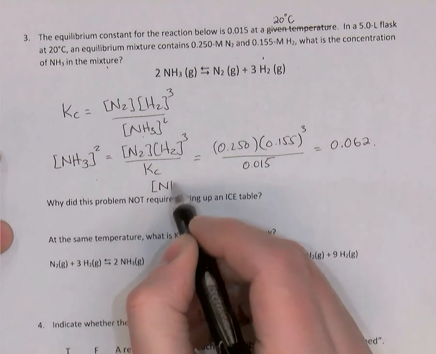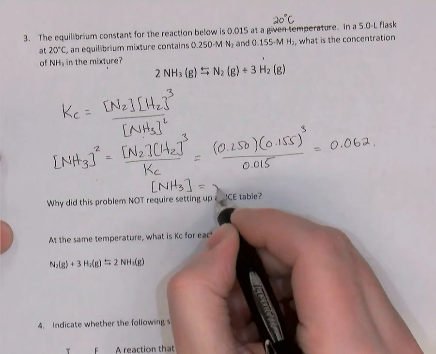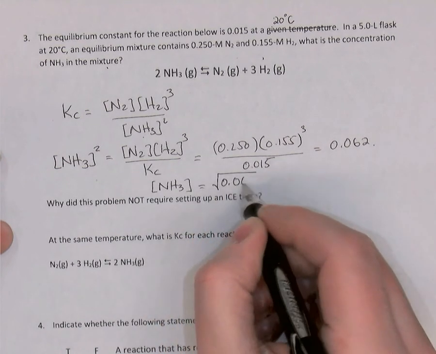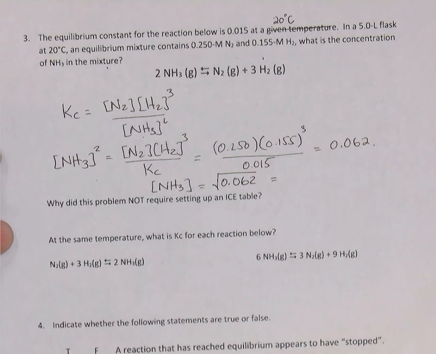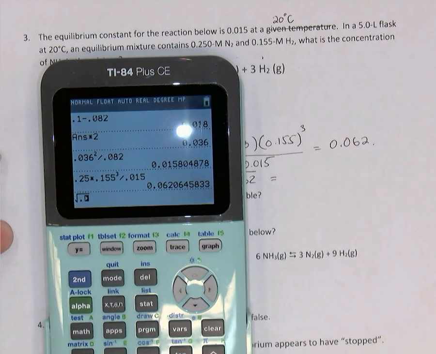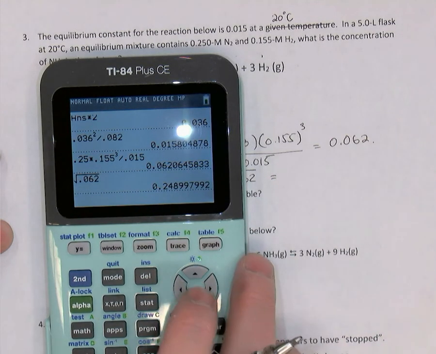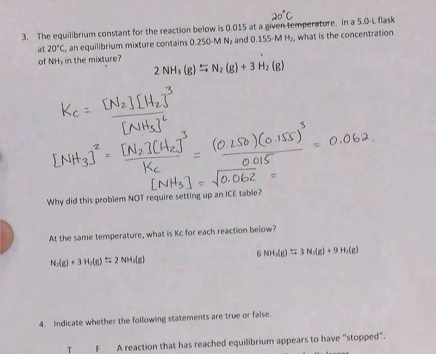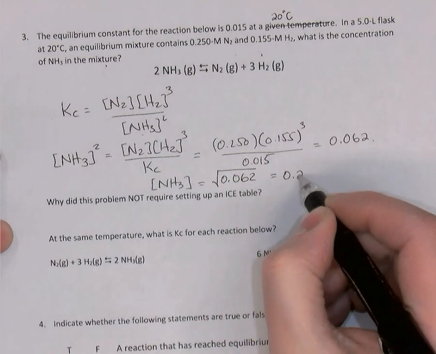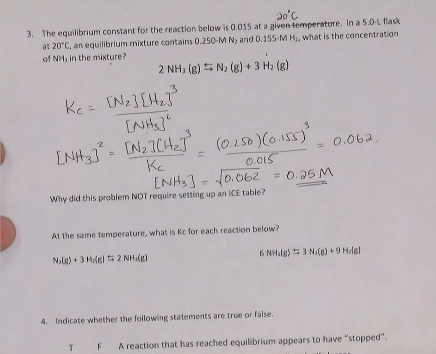The concentration of ammonia then, because this was its concentration squared, is the square root of 0.062. The square root of 0.062 is 0.25, with 2 digits, so 0.25, and that's a concentration, so 0.25 molarity.